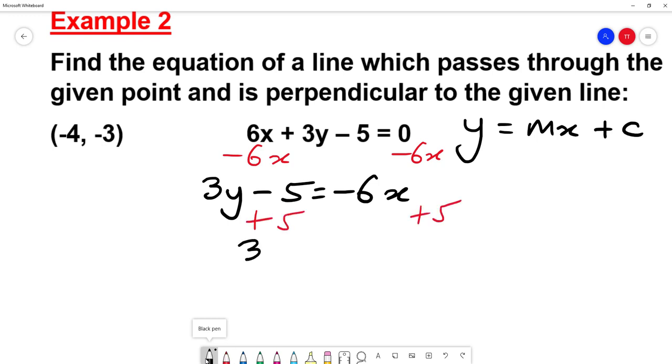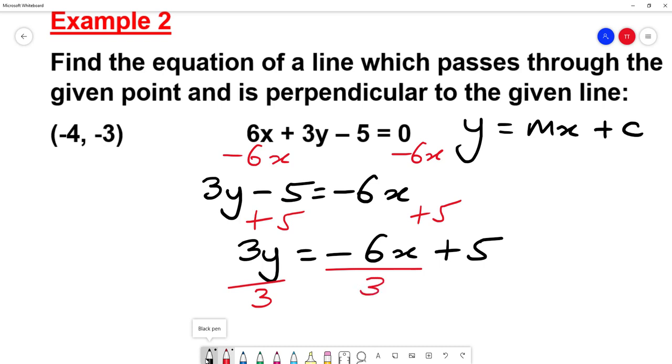Then I'm left with 3y on the left-hand side, and then I get minus 6x plus 5. Now, we want y, not 3y, so we divide everything by 3. So I'm going to divide minus 6x by 3, and divide 5 by 3.